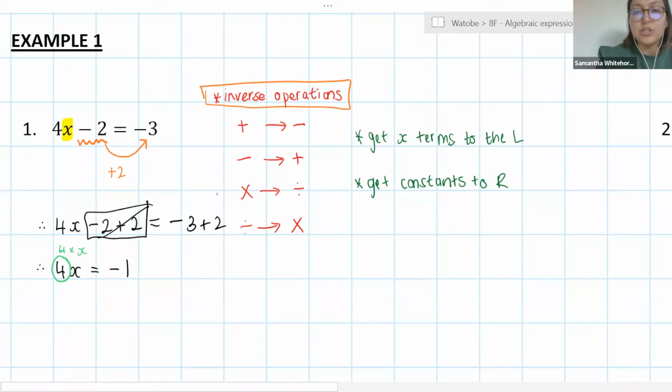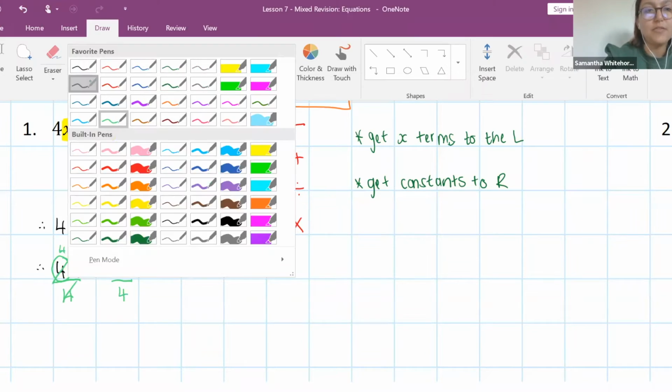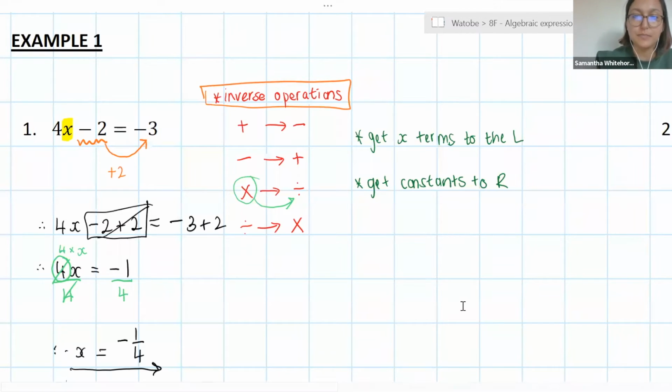If the original was times, then the opposite is divide. So I have to divide both sides by 4, and that gets rid of the coefficient of 4. What I'm left with is x is equal to -1/4. By using my inverse operations, I have solved for x.